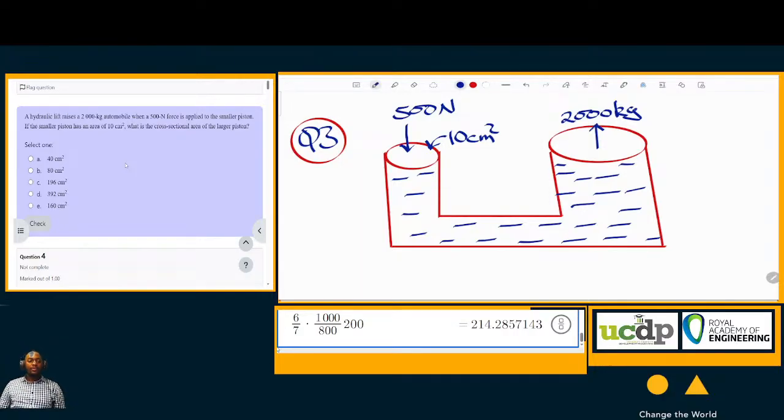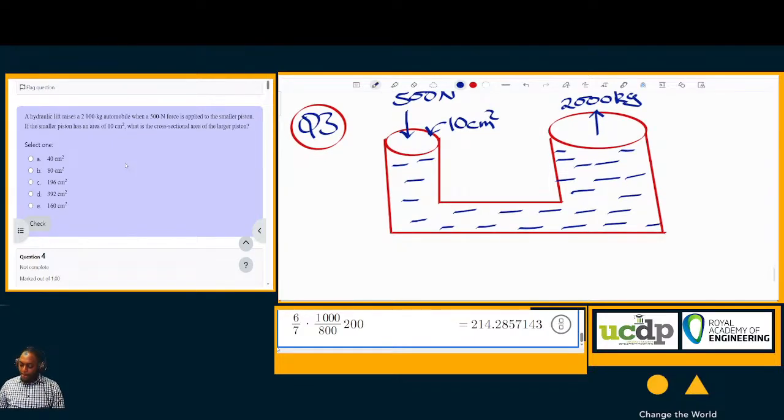Right, so the question says, what is the cross-sectional area of the larger piston? Okay, so this question resolves to the principle of pressure. Because liquids are incompressible, the pressure transmitted from the smaller piston to the larger piston would be the same.